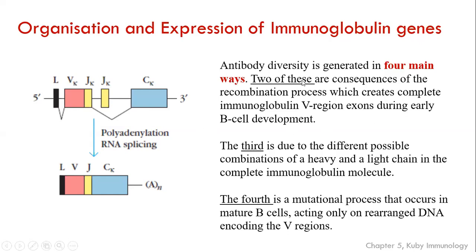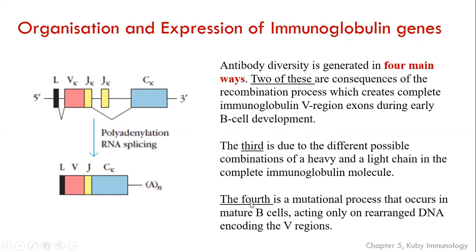Of these, one is called light chain VJ recombination, and another is called heavy chain VDJ recombination. Once those combinations form, a specific set of heavy and light chains is formed. In the third step, light chains and heavy chains with distinct combinations combine again to give different immunoglobulin molecules.